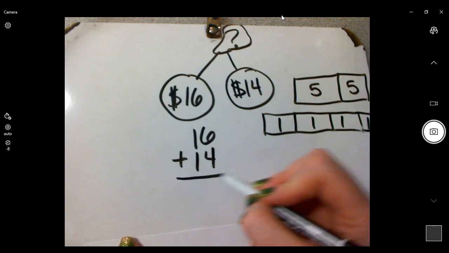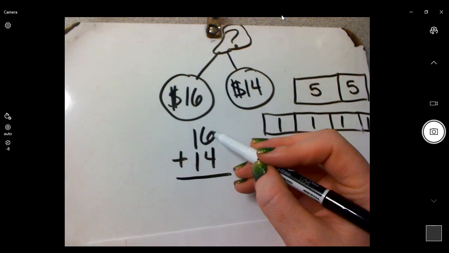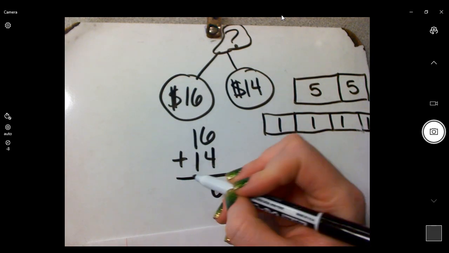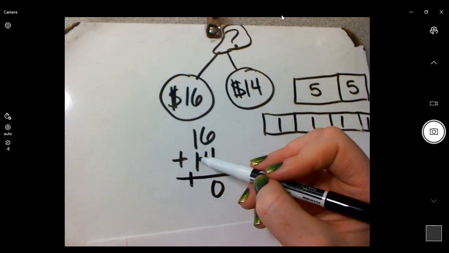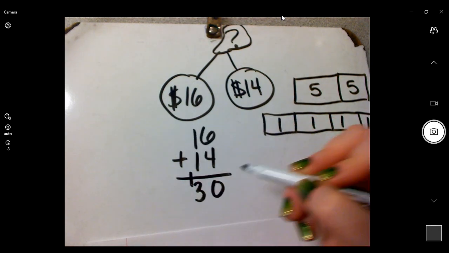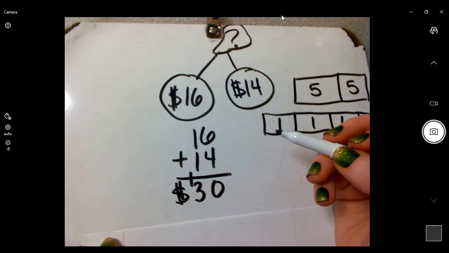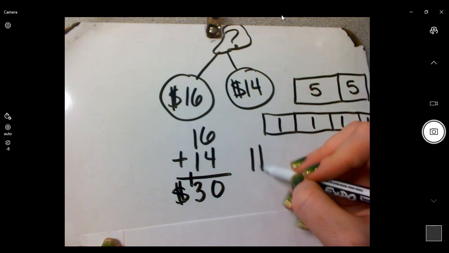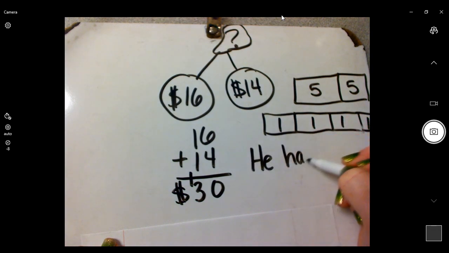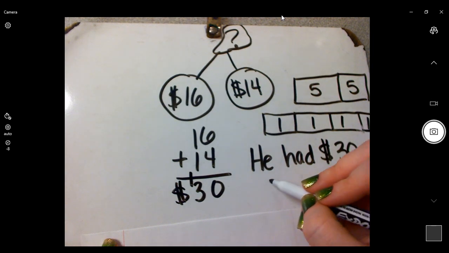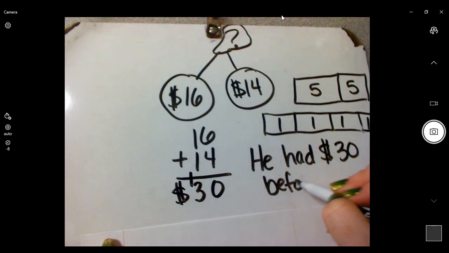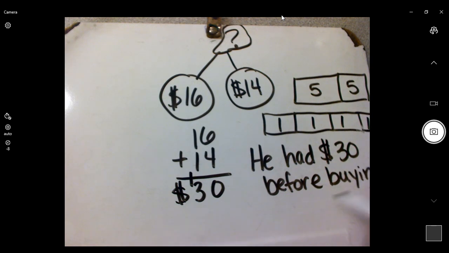So 6 plus 4 is 10. 1, 2, 3 tens is $30. How much money did he have before buying the game? He had $30 before buying the game.